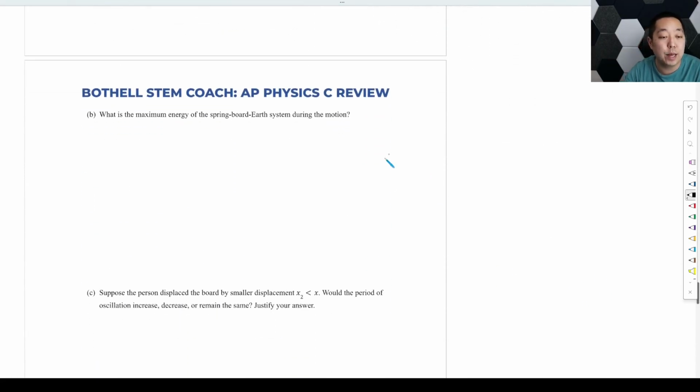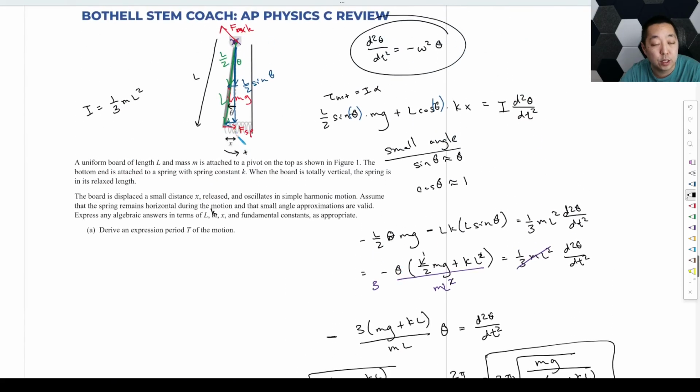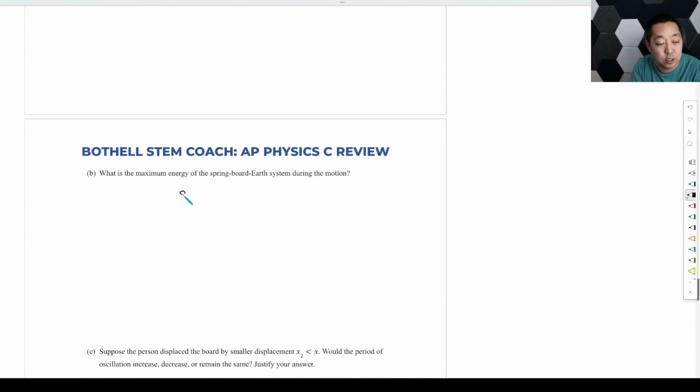What is the maximum energy of the spring-board system during this motion? So let's think about all the energy that there is. We're exchanging. When we stretch it, we have some spring potential energy. So the spring potential energy at the maximum amplitude, maximum stretch, at the furthest, is going to be 1/2 kx squared.